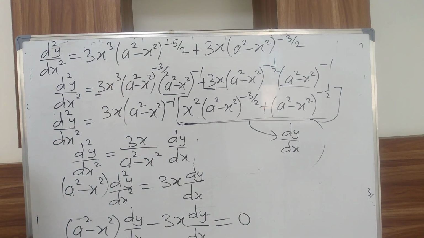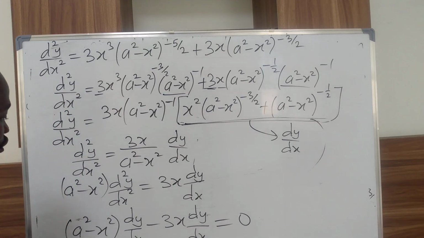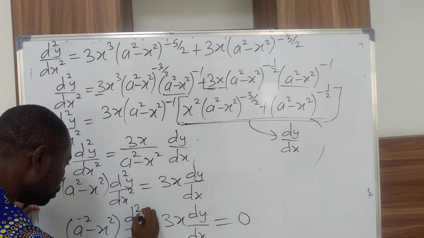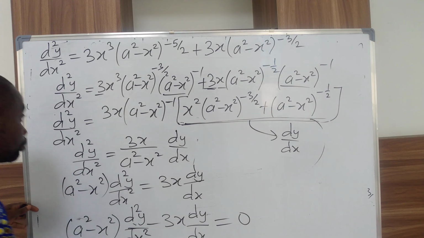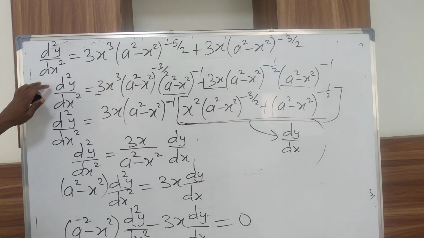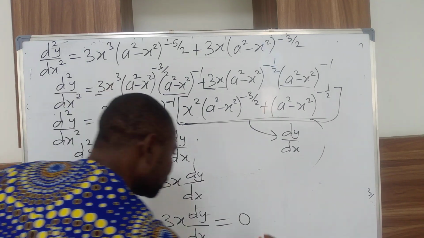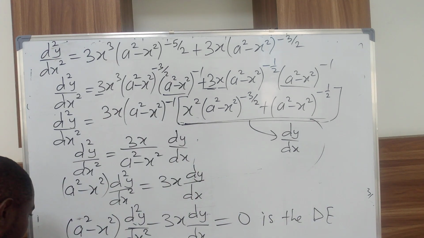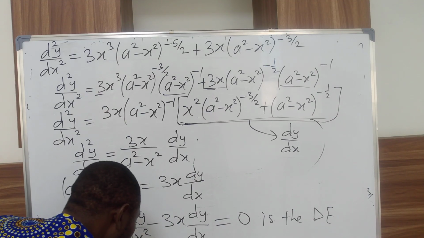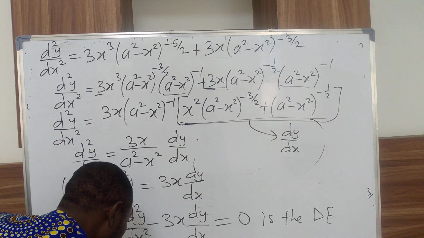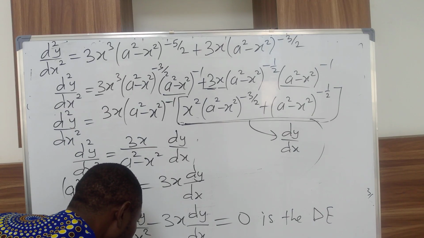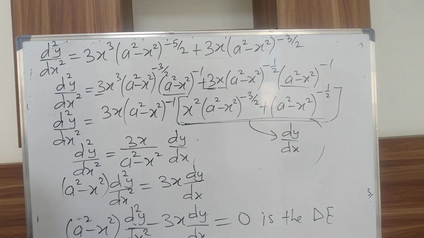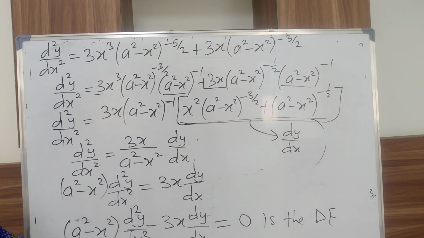So this is the final answer of the differential equation of that function. Remember the function, the original question, x over square root of a squared minus x squared. I think that's the original question, right? Yes. So this is the answer. This is the differential equation of the function.